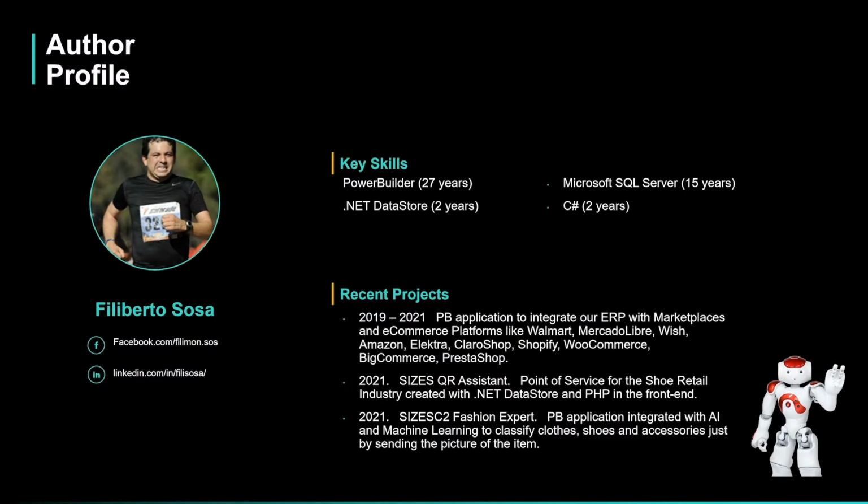So it is a PowerBuilder application integrated with artificial intelligence and machine learning to classify clothes, shoes, and accessories just by sending the picture of the item. This application is very helpful to our customers because it allows them to classify the merchandise by type of the product, by color, by characteristics of the product, and our customers are real happy with this solution.